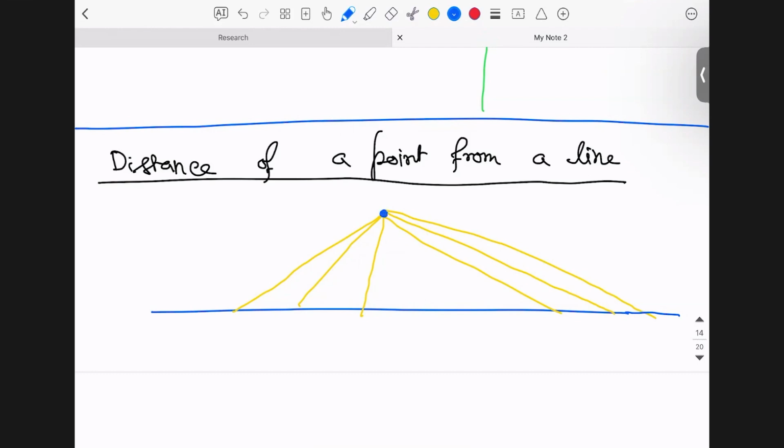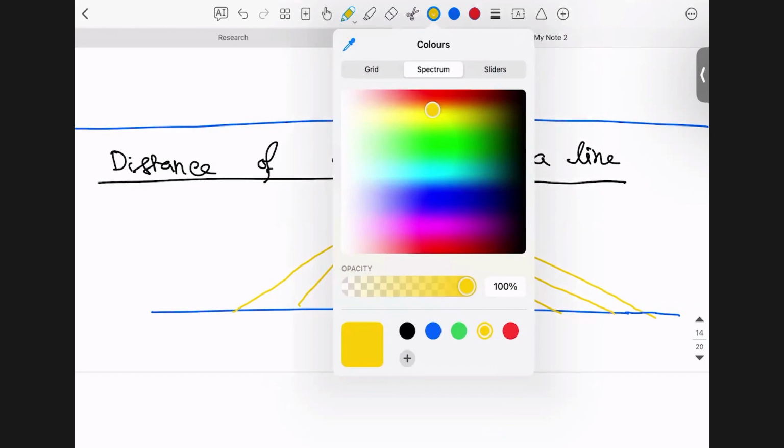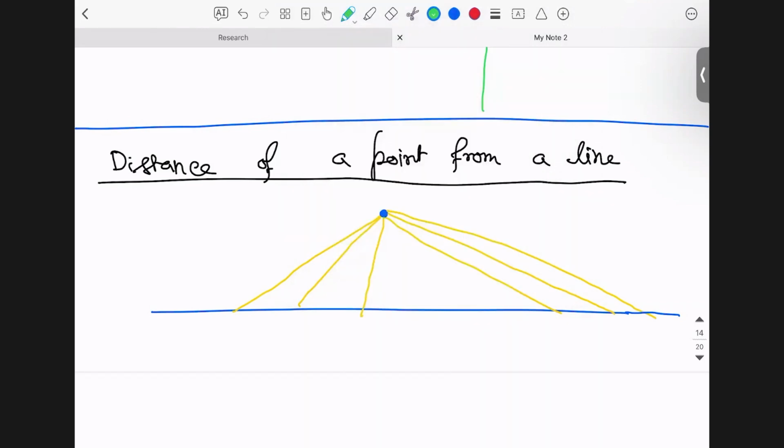The shortest distance from this blue point to this straight line will be the perpendicular one. So this will be the shortest distance from this point to the straight line.